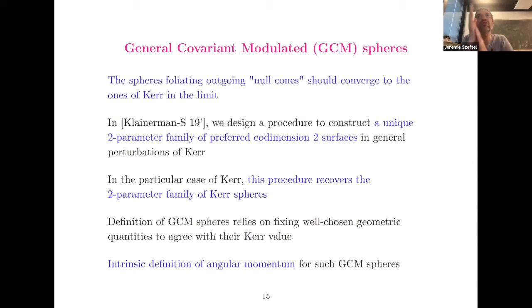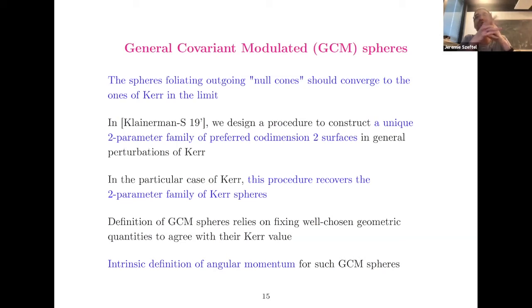This construction has some analogies, at least on a physical level, with the well-known celebrated construction of Huisken and Yau, where on three-dimensional Riemannian manifolds they construct a preferred family of codimension 1 surfaces.